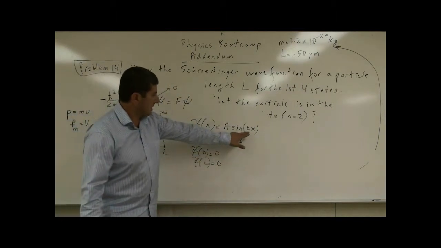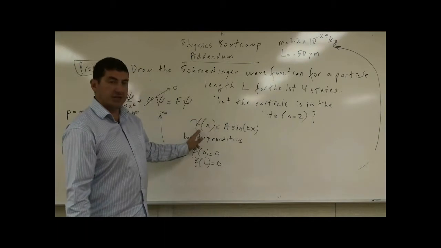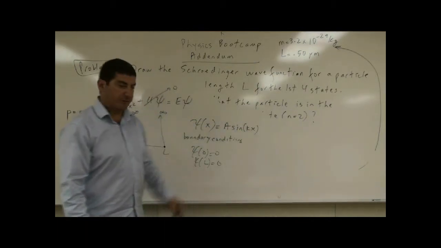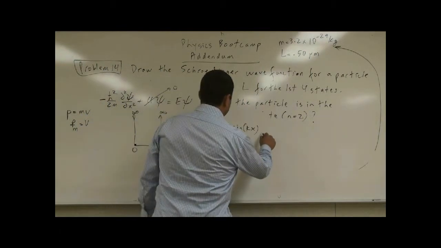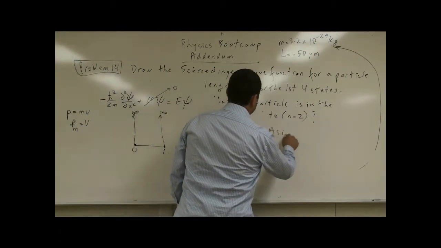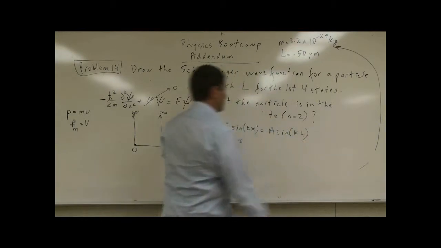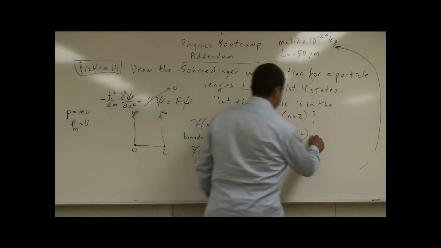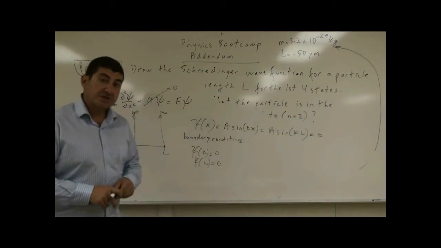If you put 0 here, of course you're going to get 0. If you put L here, what does k have to be? Well, A sine of kL has to be equal to 0. How is that 0?